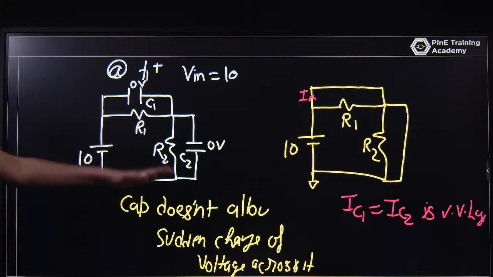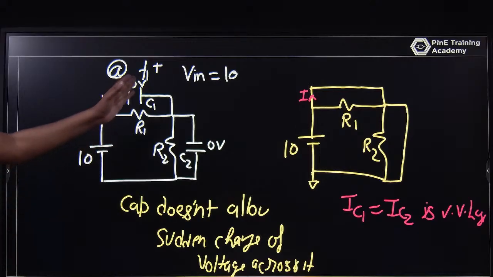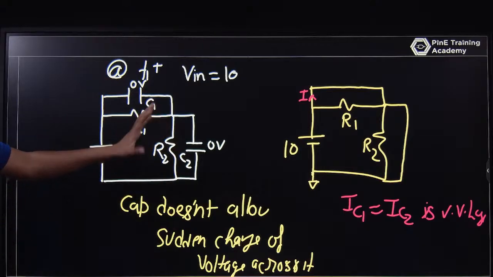Whenever you have two capacitors in series, it will be 10 into the opposite capacitor: 10 into C2 upon C1 plus C2, and 10 into C1 upon C1 plus C2. It depends on where you are trying to determine it.